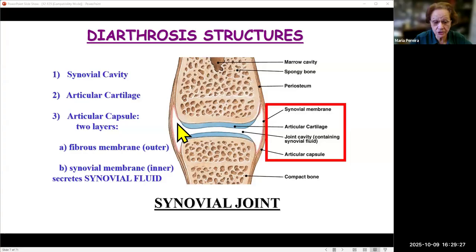So it loses its fluidity, it becomes viscous when there's weight, when there's pressure put on it. So if it becomes viscous, yes, as you say, it prevents the articular cartilage from rubbing against each other.